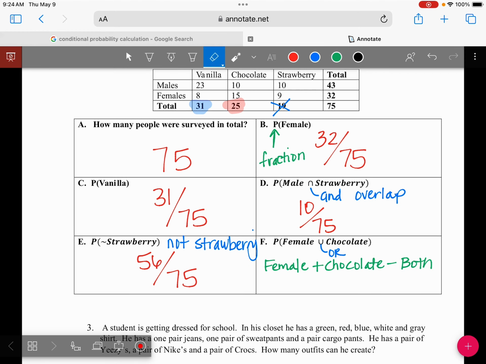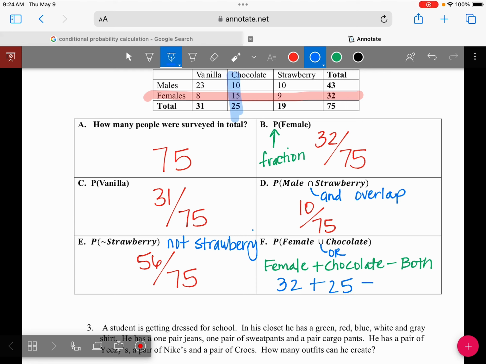So when I'm looking at my chart, how many female total? In total, I had 32 female. Plus 25 chocolate. But I got to subtract the number that I highlighted pink and blue.